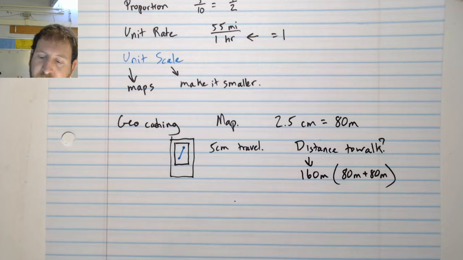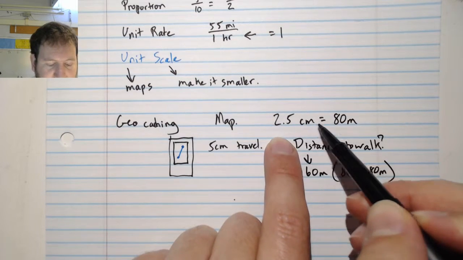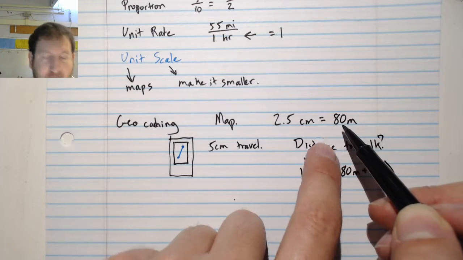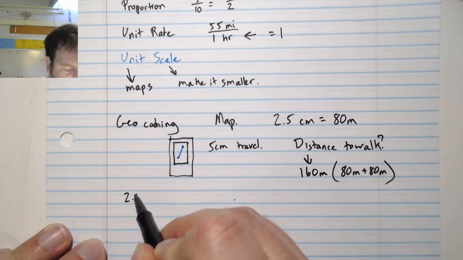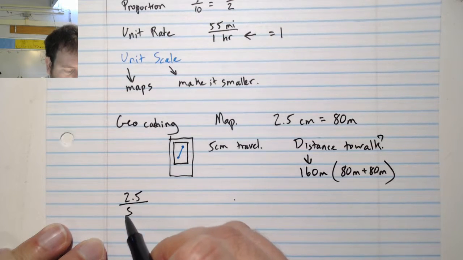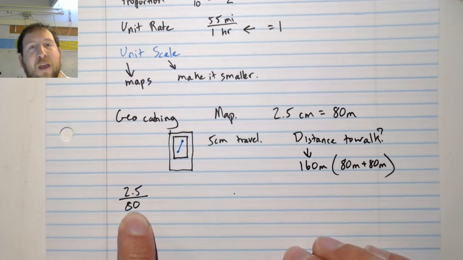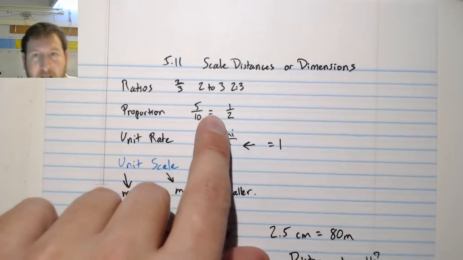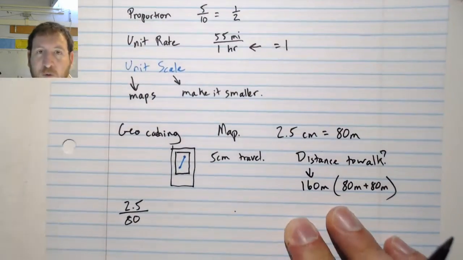So here's how we're going to write it instead. I can say that this scale that we've got here, 2.5 centimeters equals 80 meters. I can write that as a ratio. And I can say 2.5 is to 80. And I can write this as a scale just like I've done. Now, I can turn this into a proportion, if you recall, by adding an equal sign, comparing it to another equal ratio.